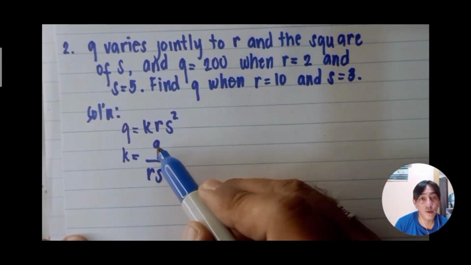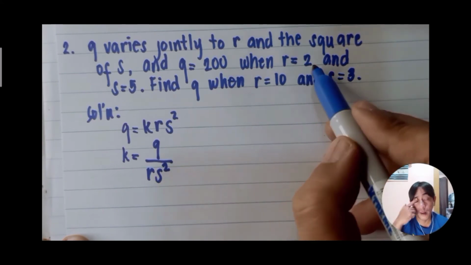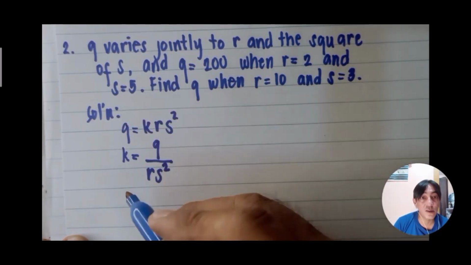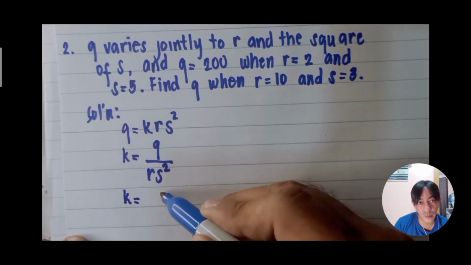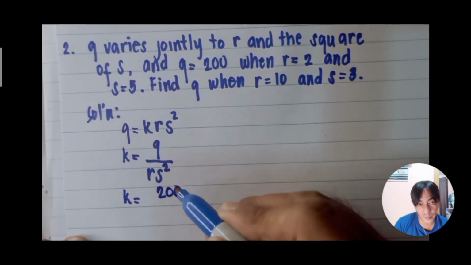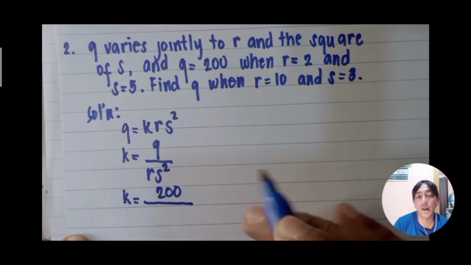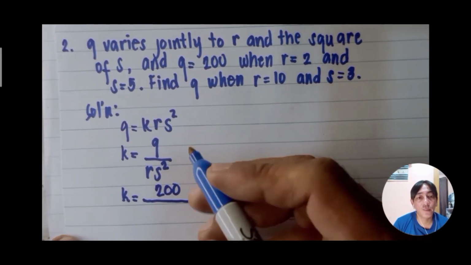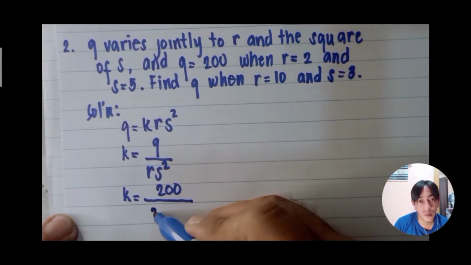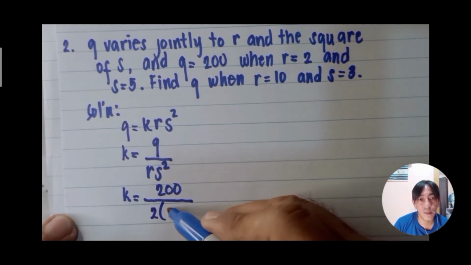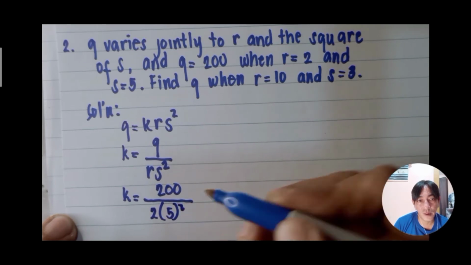Substituting the given values, we have q equals 200, r equals 2, and s is equal to 5. So k now is equal to 200 divided by r natin is 2. Then yung s natin is 5, so 5 squared.